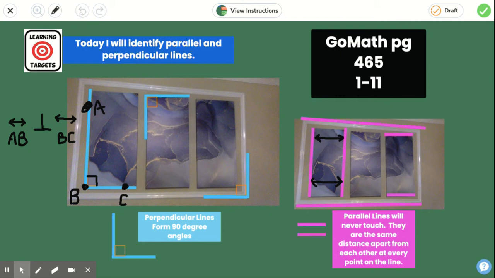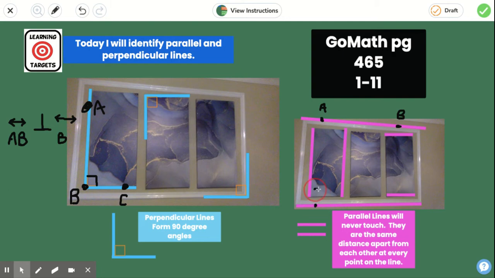All right, so let's put some points on here. Let's name it. Let's talk about this one on the top and this one on the bottom. Let's say this is A, and right here, let's say we have a point B. So I could name that line AB.